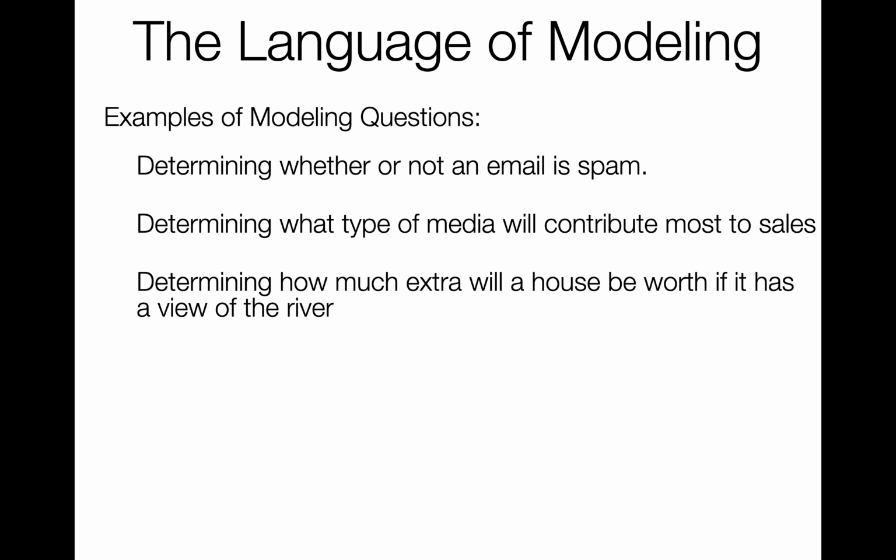And then I have a third one, determining how much extra a house will be worth if it has a view of the river. This would be if you take data about a certain city, maybe in house values, and you have a number of different predictors, where they're located, stuff about the inside, and another predictor could be, does it have a view of the river or not?